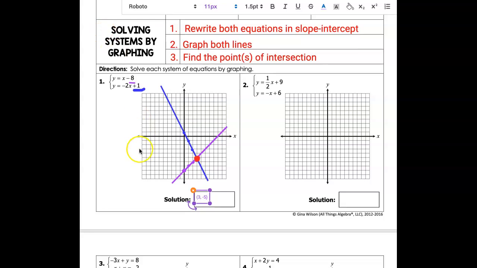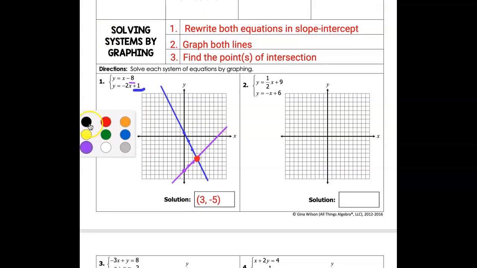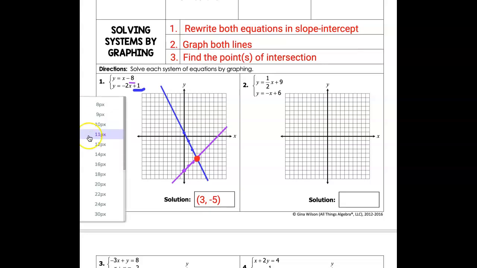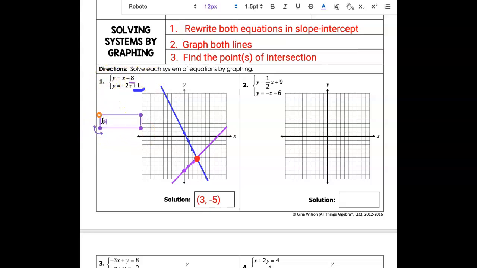All right, remember, what the solution shows is where those two lines intersect. It shows the point that makes both equations true. So for this first equation, if I plug in negative 5 for my y, and then 3 for my x: negative 5 equals 3 minus 8. 3 minus 8 is negative 5, so that's true.